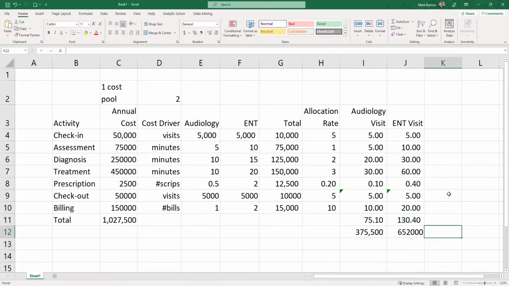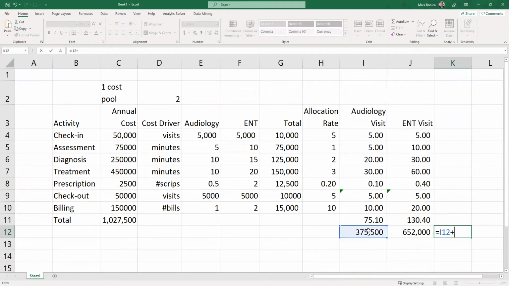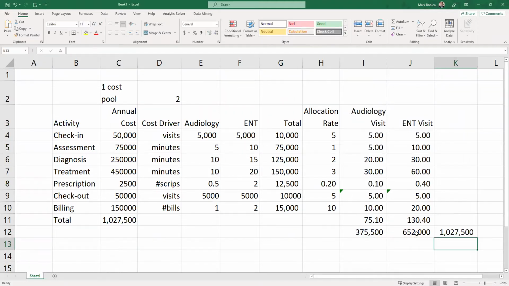And if we add those two together, we get 1,027,500, which, look at here, 1,027,500. So that's kind of our check on whether we did the allocation correctly or not.